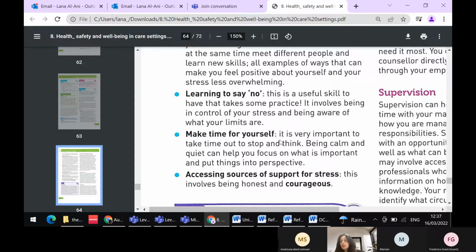Sometimes you may say, well, I'm happy to do it, but can you bring other people to help me, because I am not able physically to manage all these activities. Maybe if your colleague says to you, can you please cover me today because I have things to do, then you should say no. If you're tired, don't go. Just say, no, sorry, not today. I'm very stressed. I need to release my stress.